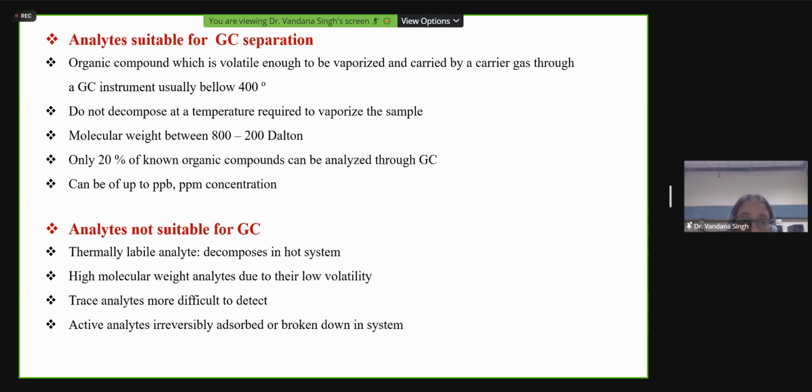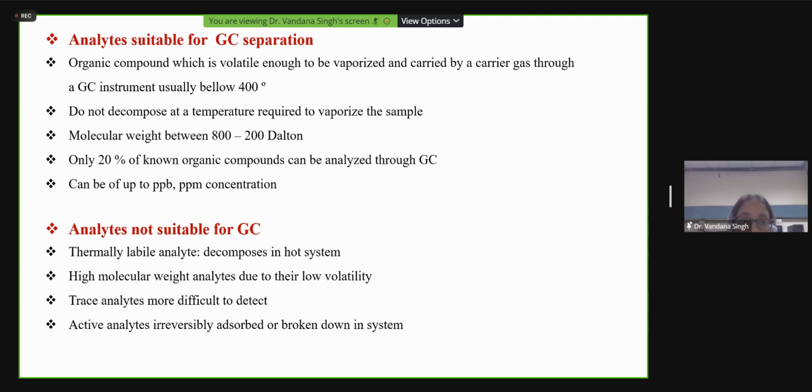So this is the whole injection port, and the temperature of this column is maintained at about 50 degrees Celsius, or 30 to 50 degrees Celsius higher than the analyte which has the least volatility, so that the analyte which has the least volatility can also be vaporized.